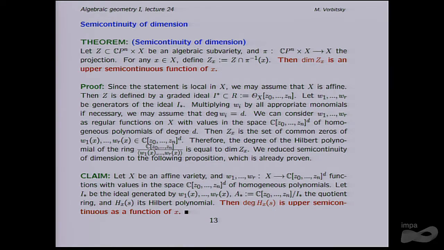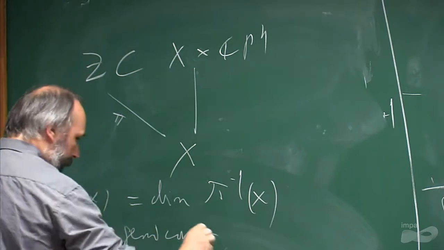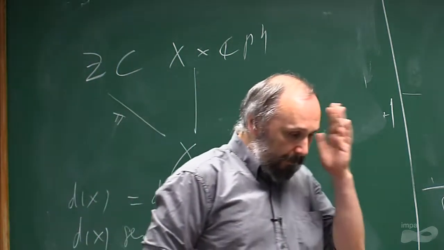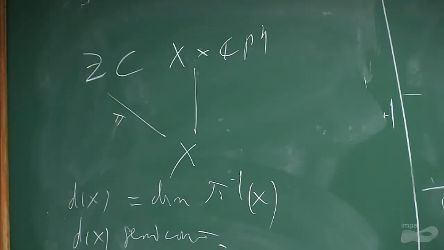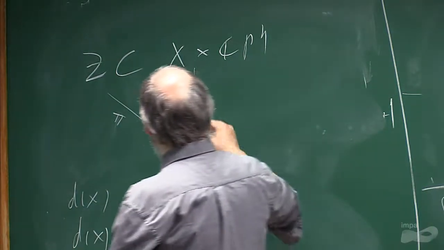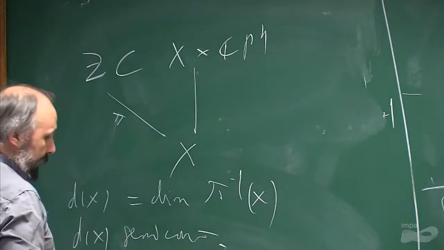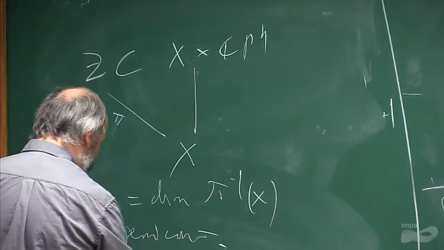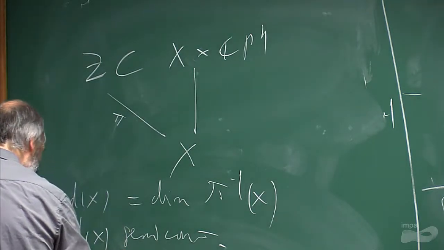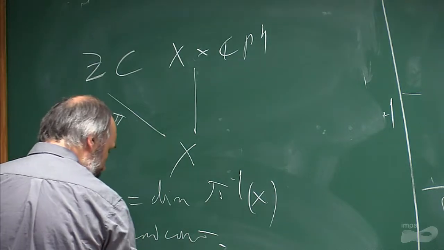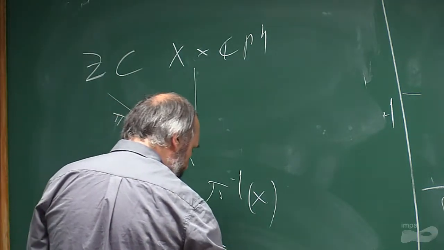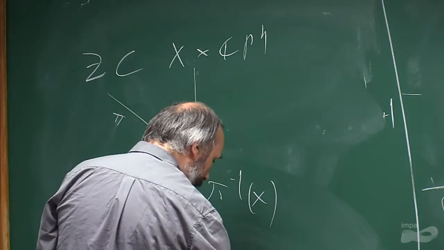And I need to prove that d of x is semi-continuous. Okay, so how do we prove it? Well, we choose the generators. We notice that Z has an ideal, and the ideal of Z is generated by w1 through wr.